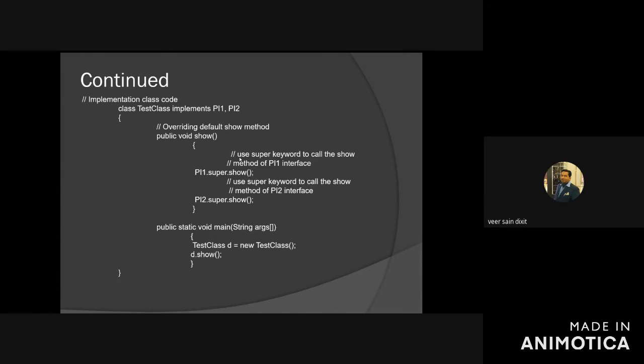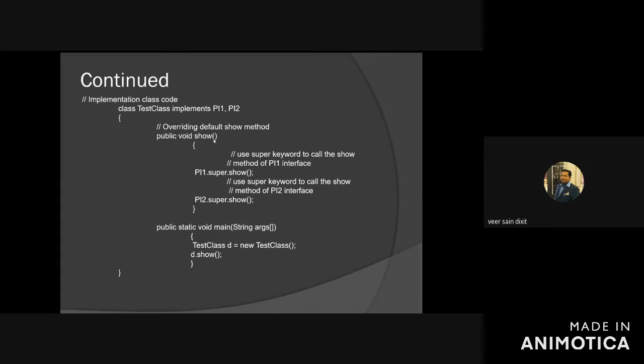Now, the implementation class code. You have created a class; the name of the class is Test. The Test class implements PI1, PI2. In this way, there are two superclasses. We will not say superclasses; they are interfaces, PI1 and PI2, and you are implementing them.